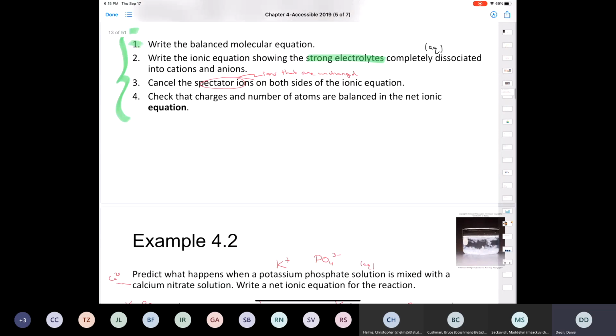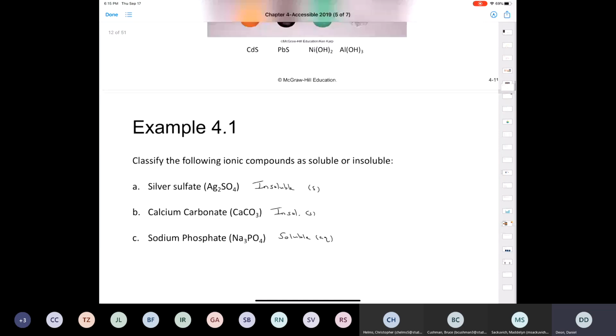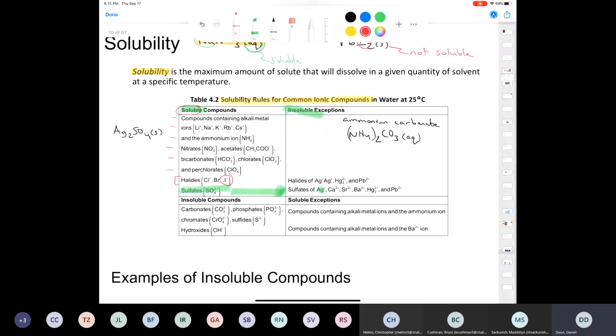Let's go back to the table, and we have two compounds of interest. I'm going to erase some of this spinach here so that we can see a little bit clearer. The compounds we're evaluating are potassium nitrate and calcium phosphate. Okay, potassium nitrate.